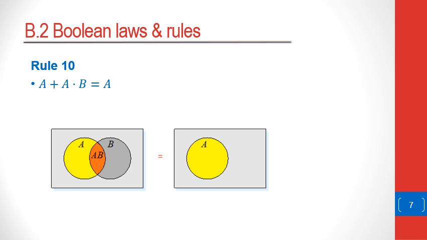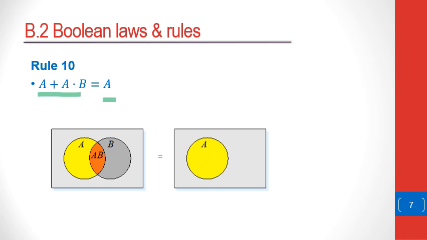The first way of proving that this part is equal to the other part of the equation is to use Boolean algebra itself, the other rules. And the second way is to use a Venn diagram. So let me start first by using Boolean algebra itself.